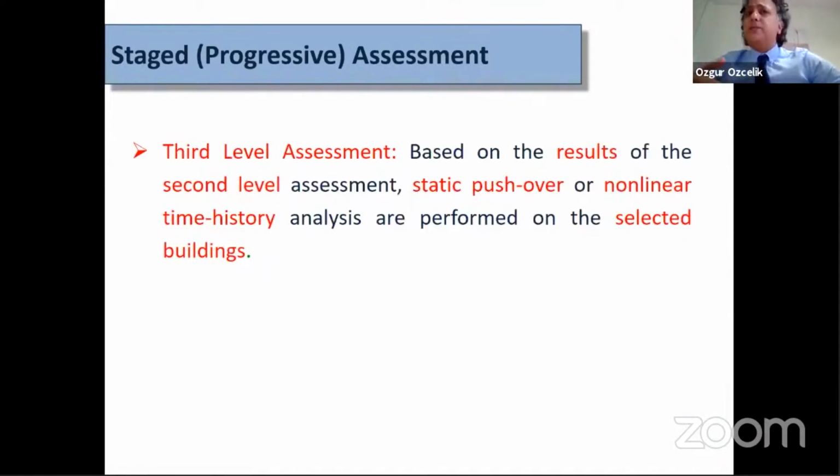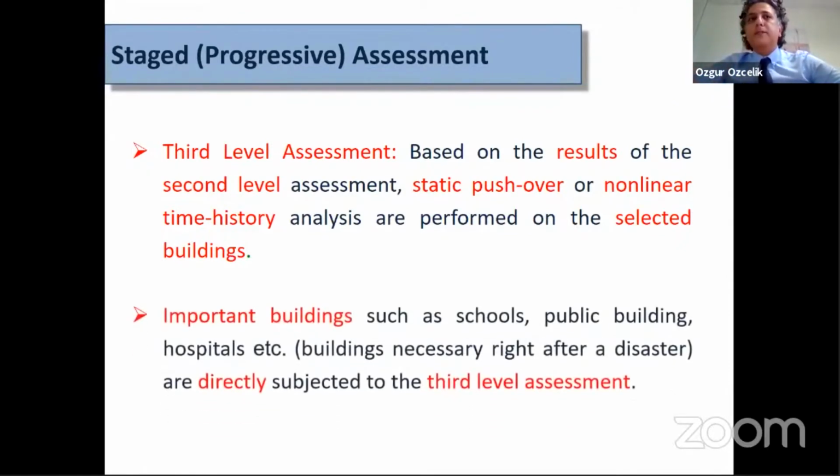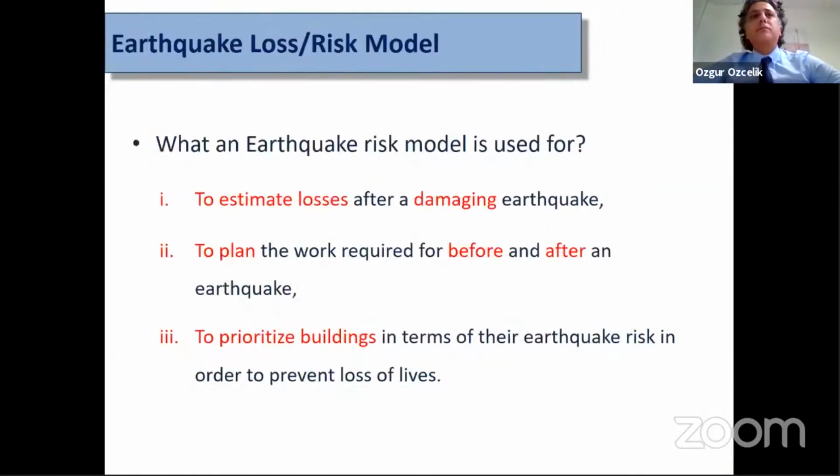And for the third level assessment, based on the results of the second level assessment, static pushover or nonlinear time history analysis is performed on the selected buildings. What do you do with the important buildings? Well, important buildings such as schools, public buildings, and hospitals, which are buildings necessary right after a disaster, are directly subjected to the third level assessment.